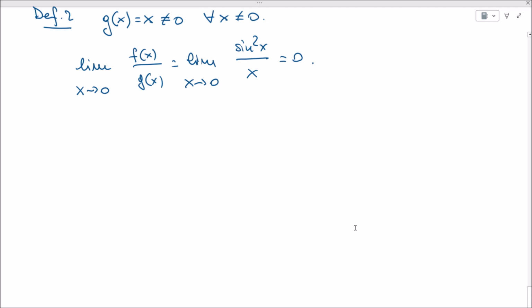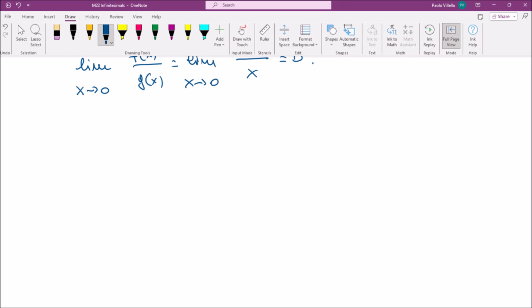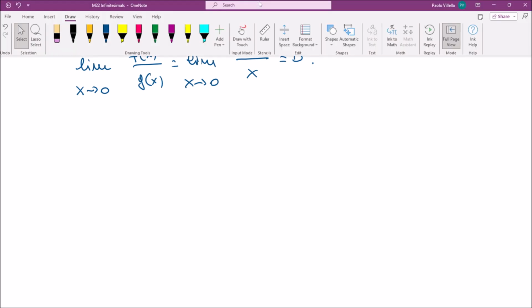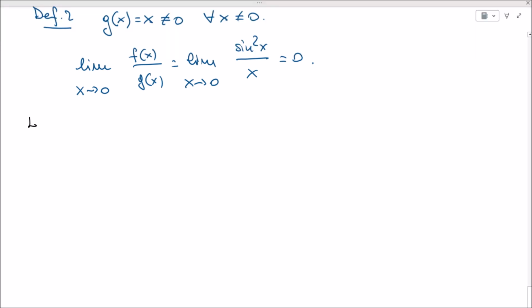Right, so let's move now to a third example. Example 3.